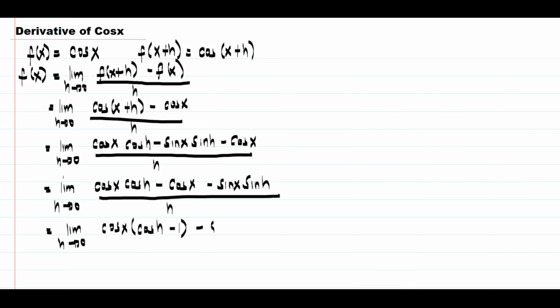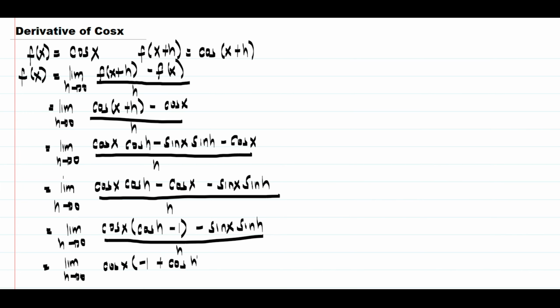And then let us write negative sine x sine h all over h. Let us write cosine h minus 1, and let us write first negative 1 plus cosine h.